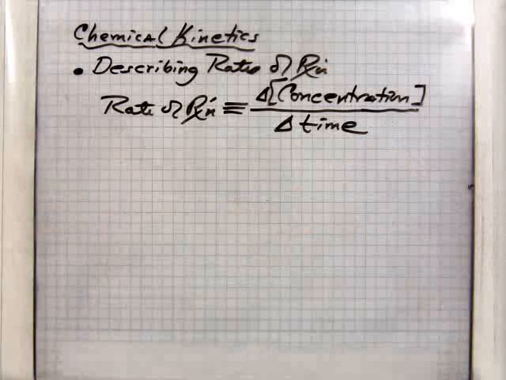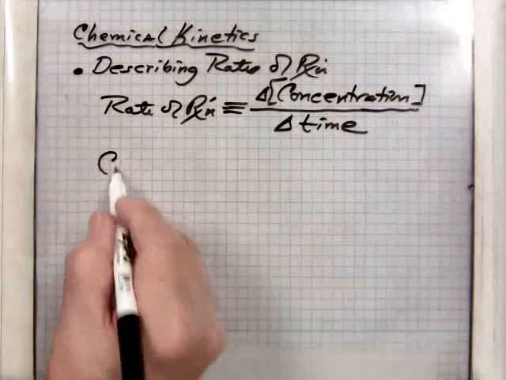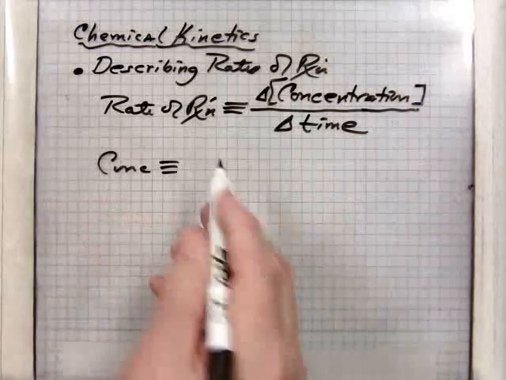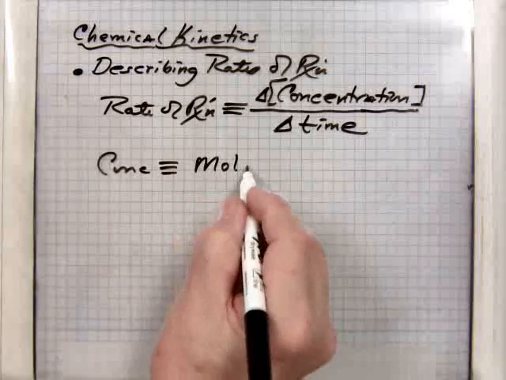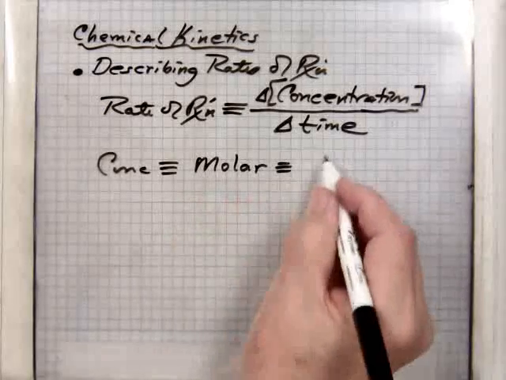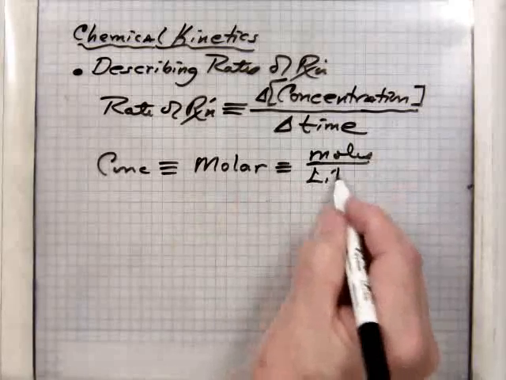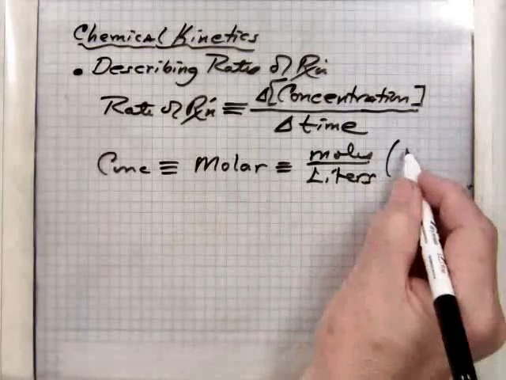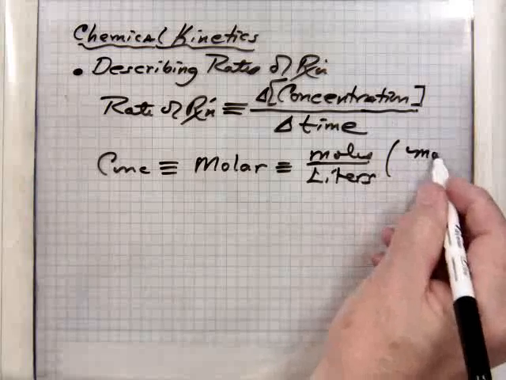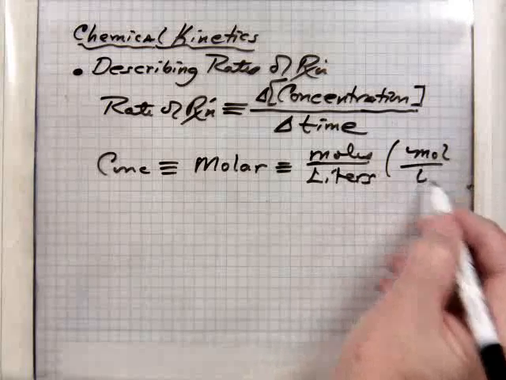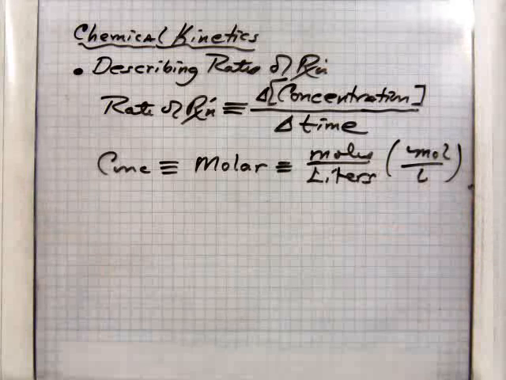over a change in time. And we've learned that concentration is molar, and molar is moles over liters. You'll see it as moles per liter in symbolic form like that.